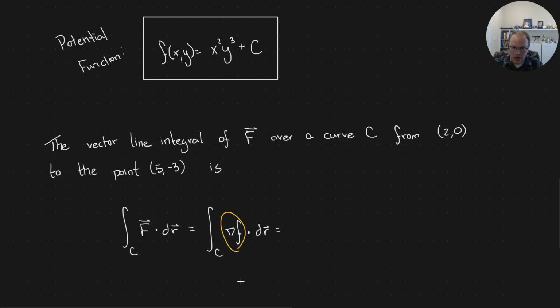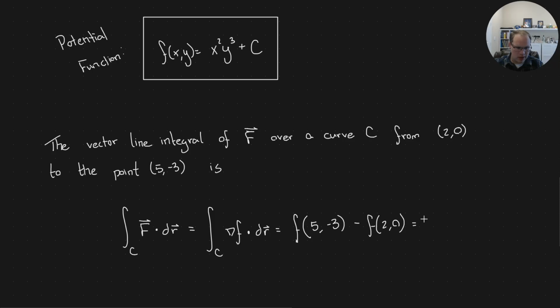And so because we can write it as the gradient of f, it's just going to be f evaluated at the end point minus f evaluated at the start point. Okay, so that would be our potential function. Again, we could choose any value of c, so you could pick 0.